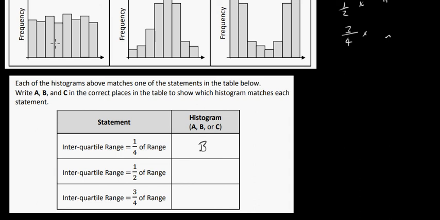The next one here is A, and then 3/4 of the range, or most of the range here, relative to the other two, is going to be C.